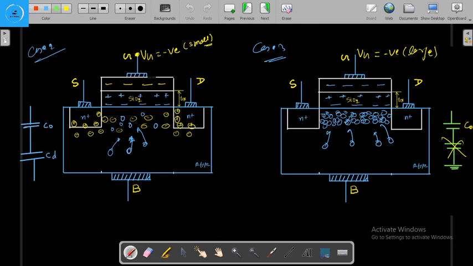And here we are applying a very small negative gate voltage, hence the holes are getting attracted between the source and the drain, and also the immobile negative charge is present here between the source and the drain, and this is called the weak accumulation.